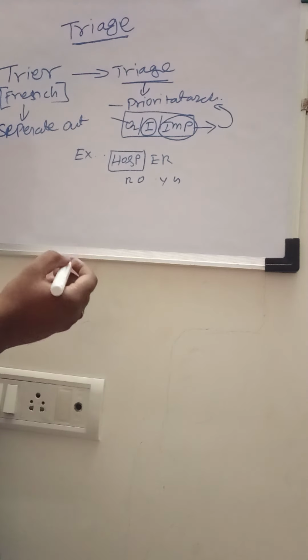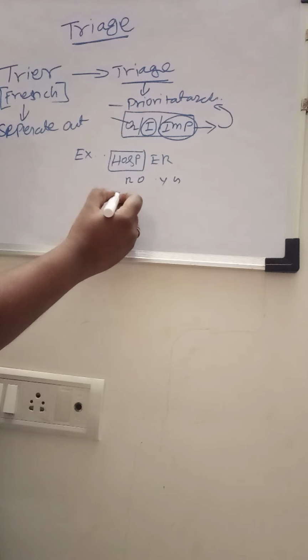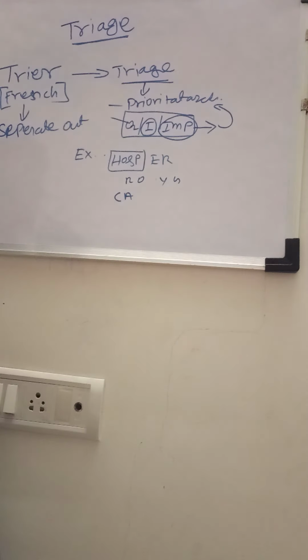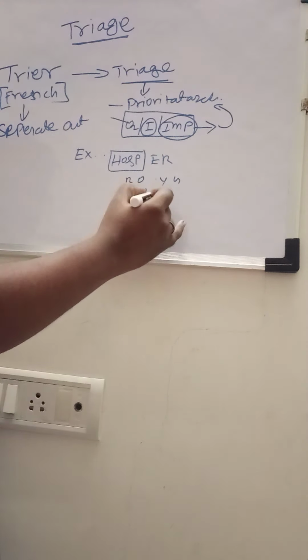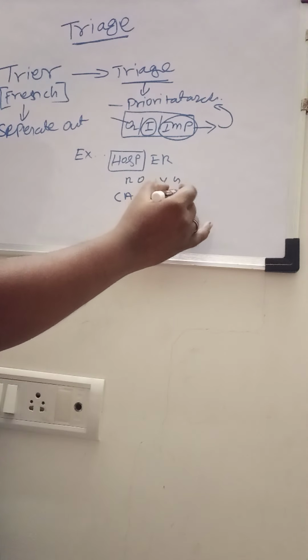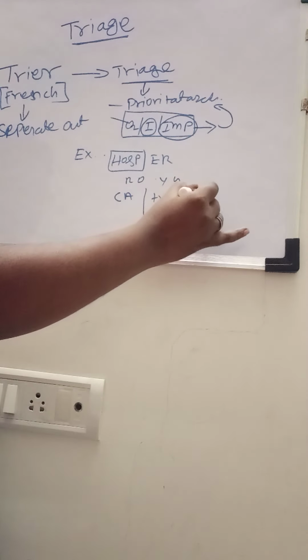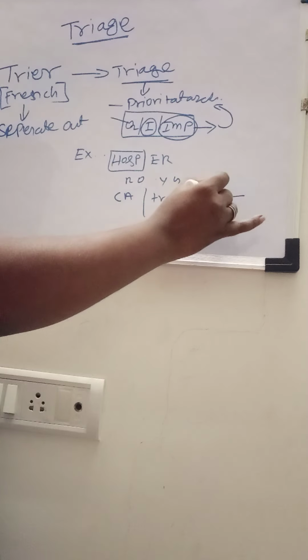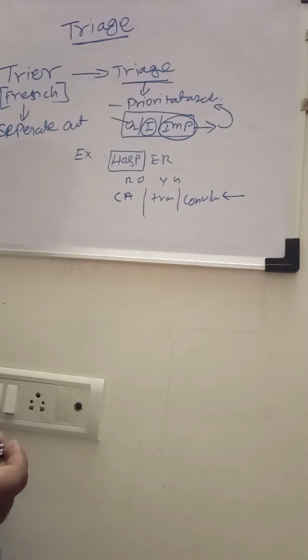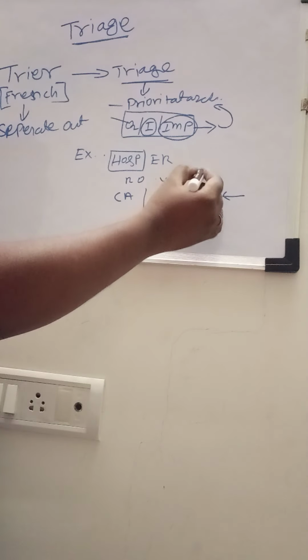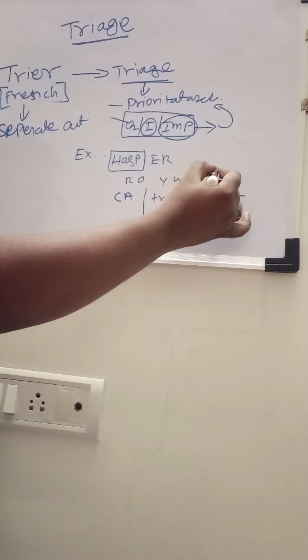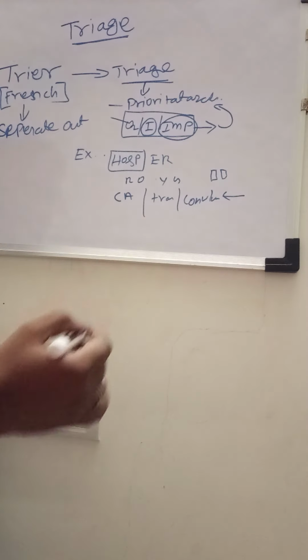For example, one patient comes with cardiac arrest, another with minor trauma or a convulsion, and many patients come to an emergency room like that. The triage team in the hospital decides, because there might be only two beds available while two or three patients arrive at the same time.